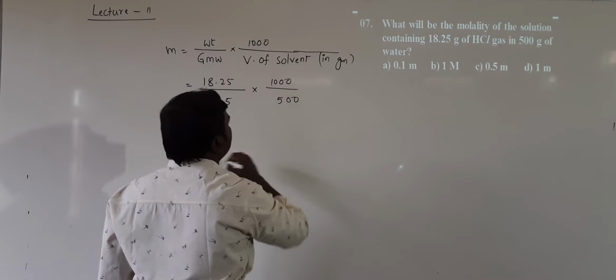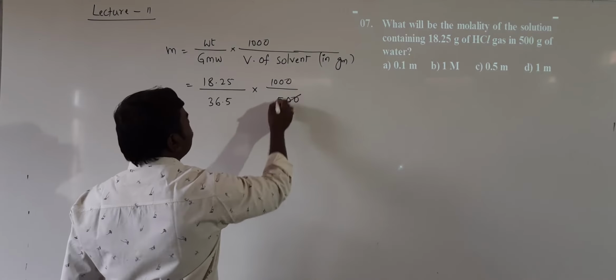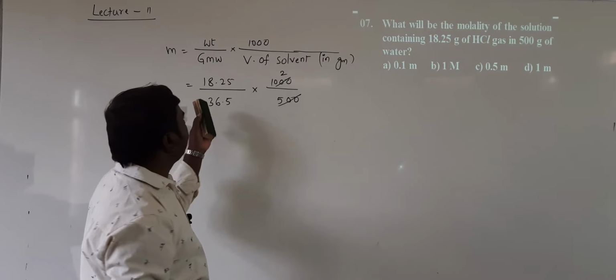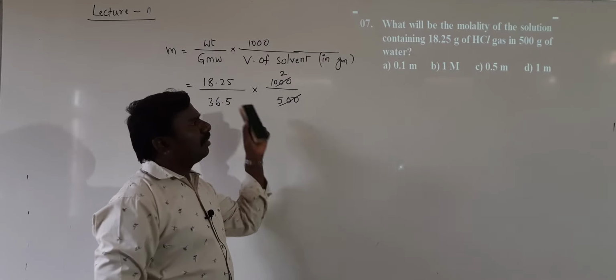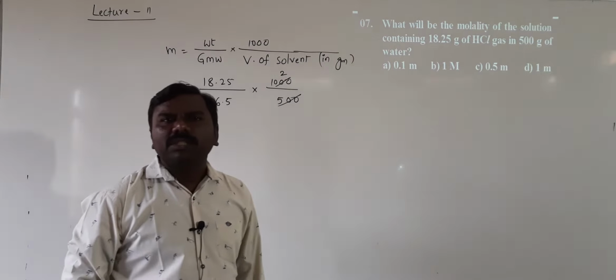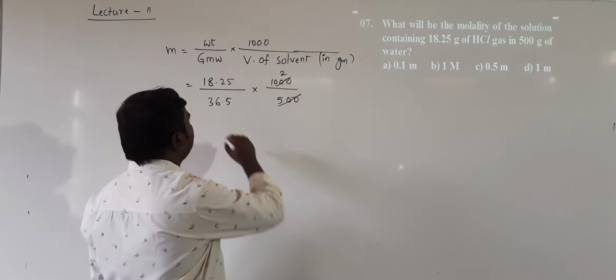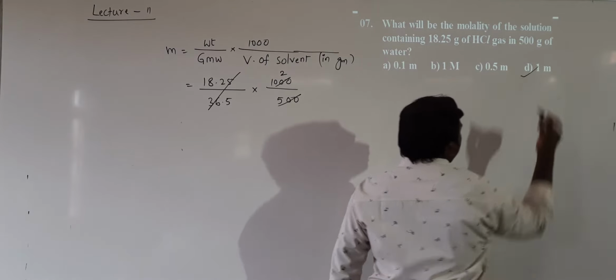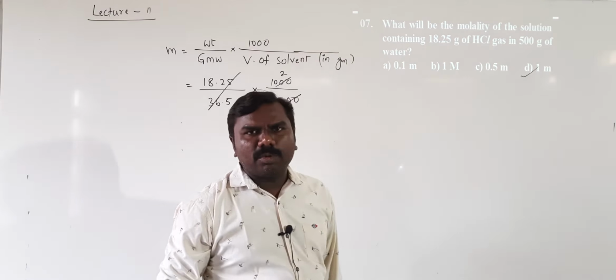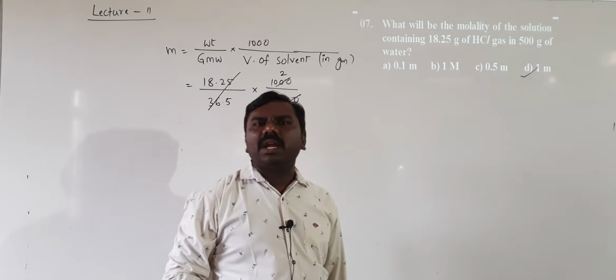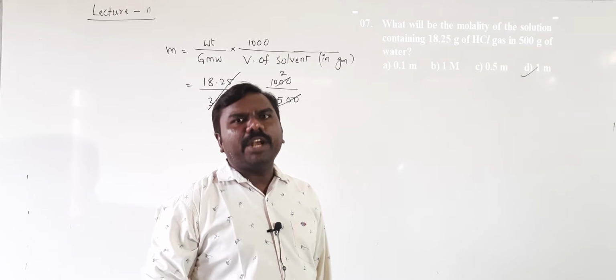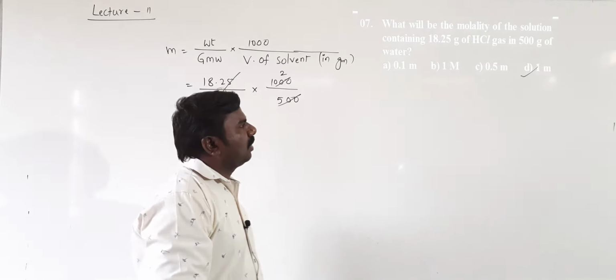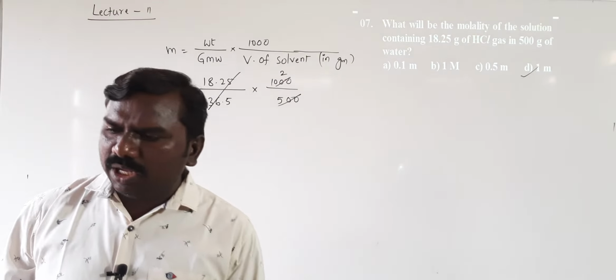On solving this, it becomes 2, and 2 into 18.25 divided by 36.5, totally you will get 1. So 1 m. Small m indicates molality, capital M indicates molarity. We need molality, small m, that's why the answer is option D.